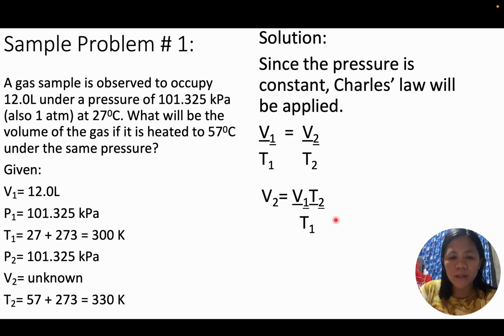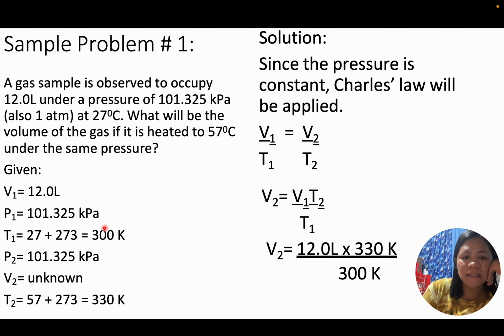So, same sa Boyle's Law, we're just gonna have to distribute yung given natin. So, ang V1 natin is 12 liters. Right here. Ang T2 naman natin is 330 Kelvin. Ang ating T1 naman is 300 Kelvin.